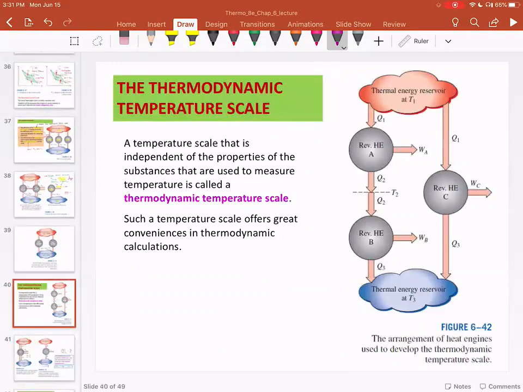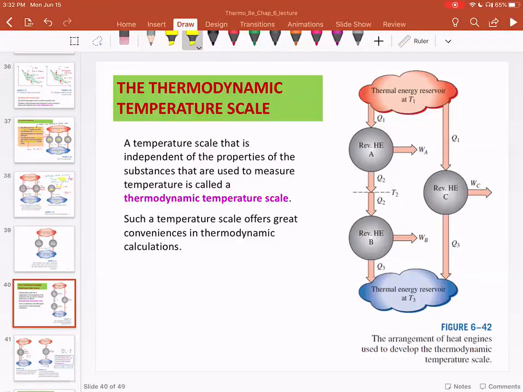Now, the next concept is the thermodynamic temperature scale. What do I mean by thermodynamic temperature scale? Scientists and engineers need a uniform measure, or uniform scale, or uniform unit to compare temperatures. And that is the need for the temperature scale.